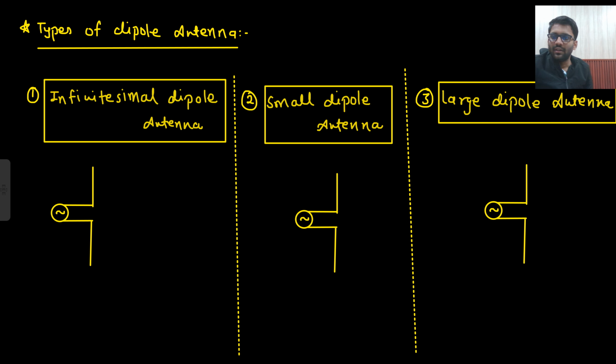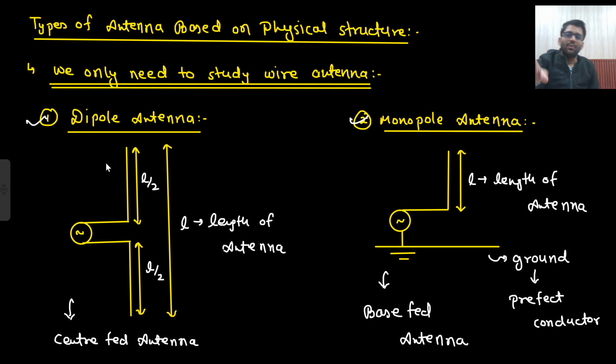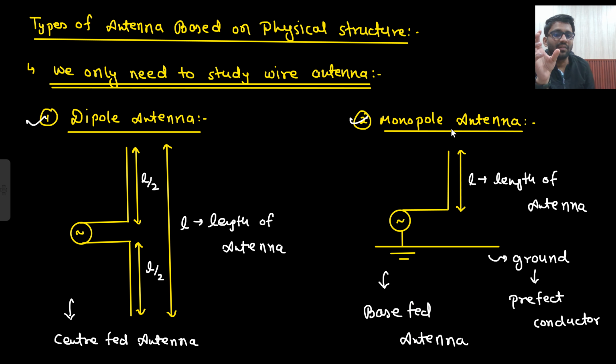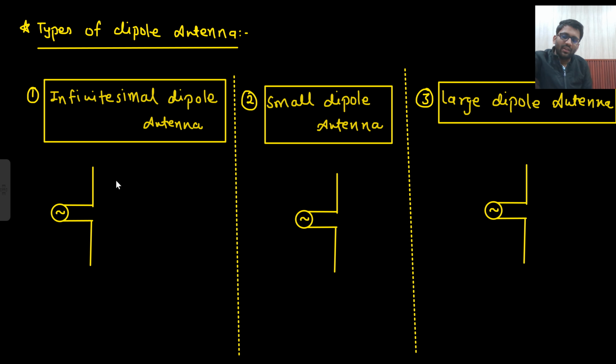Okay. Then we need to see that dipole and monopole antennas are there. Now, based on the length as well, there is a classification. This is the length of your antenna.